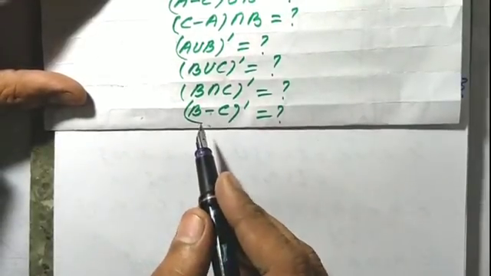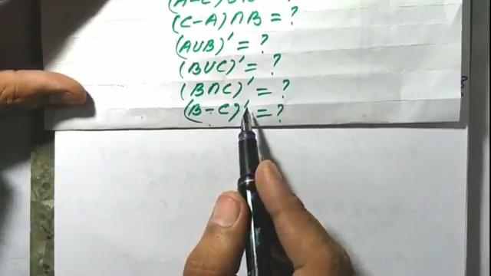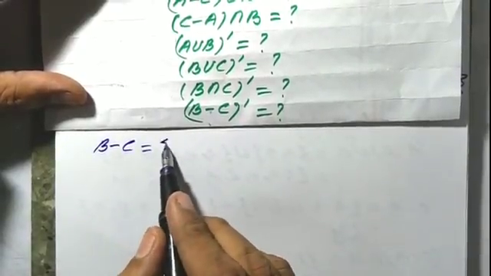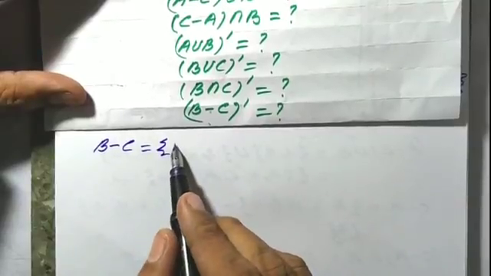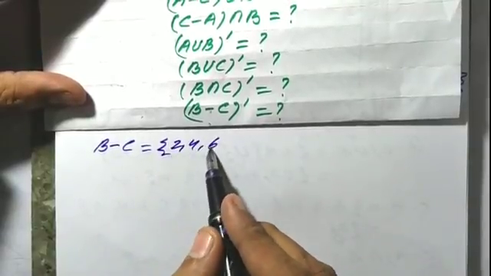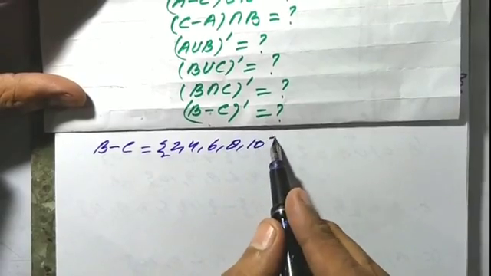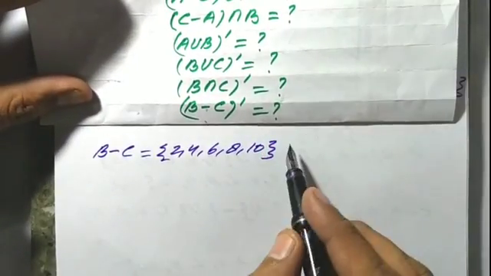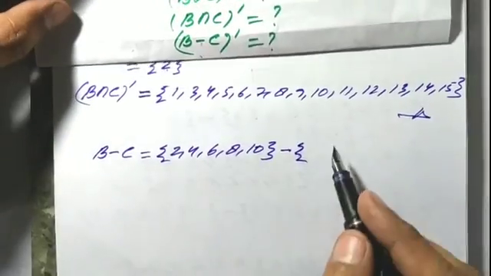Now the last operation, that is (B − C) complement. So first we have to find out B minus C. Write down first the set B itself as it is, the set of 2, 4, 6, 8, 10, minus C, and C is the set of 2, 3, 5, 7, 11.